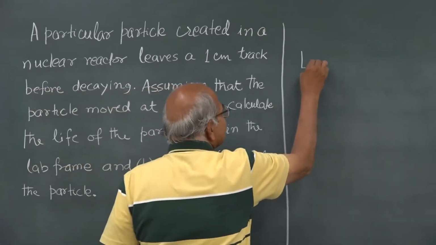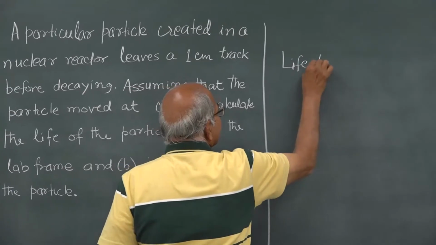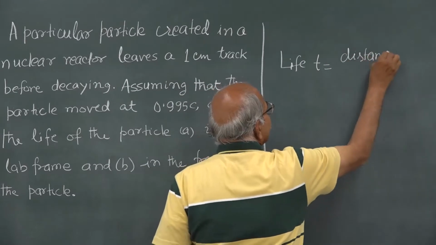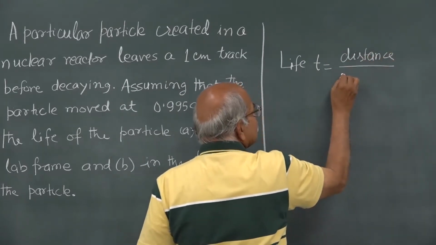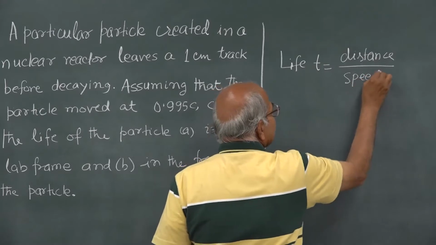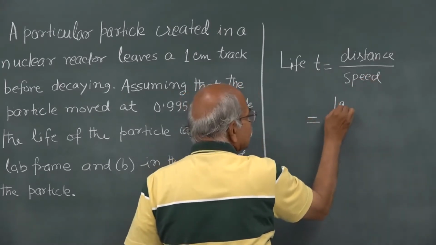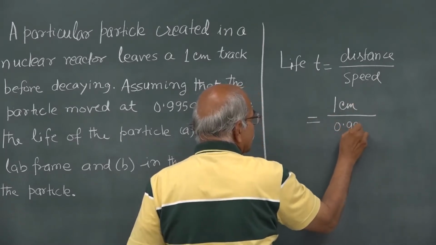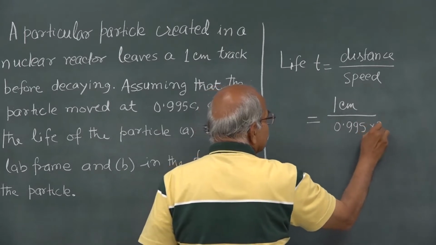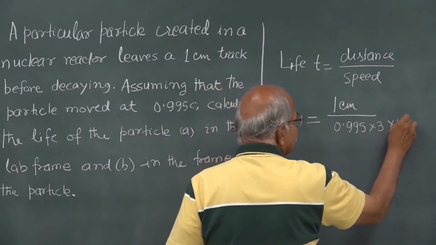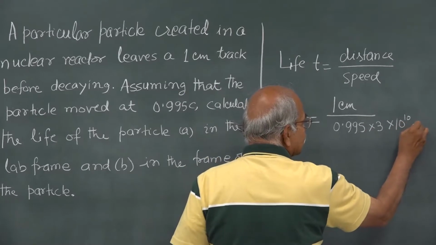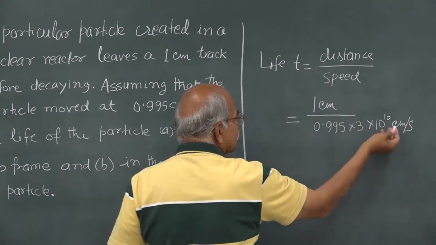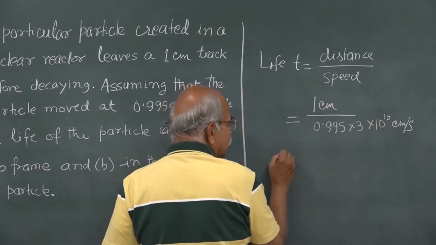So, the life, that means time, is distance travelled divided by the speed, and that is 1 centimeter divided by the speed, 0.995 C, 3 into 10 to the power 10 centimeter per second. Okay, so you can cancel this centimeter and this whole thing will become in seconds.